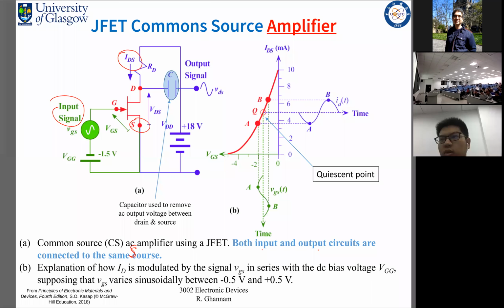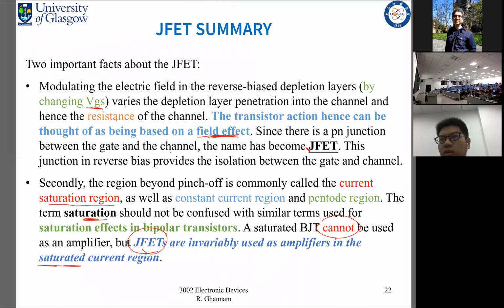Now we understand this behavior between VGS and IDS. Increasing VGS results in a decrease in IDS, this nonlinear relationship. And we said that this nonlinear relationship can be determined using the previous expression that we saw over here.